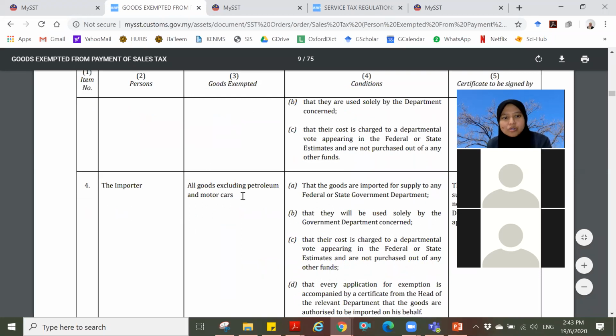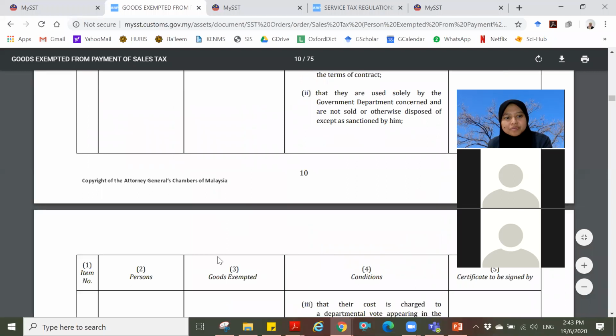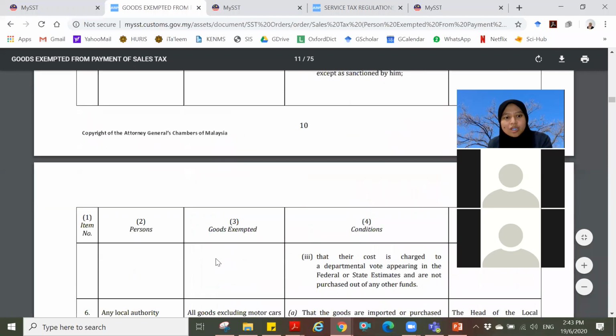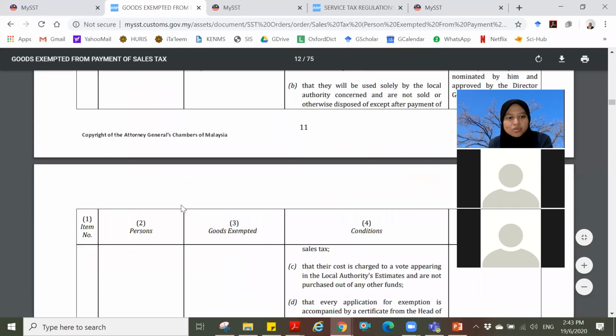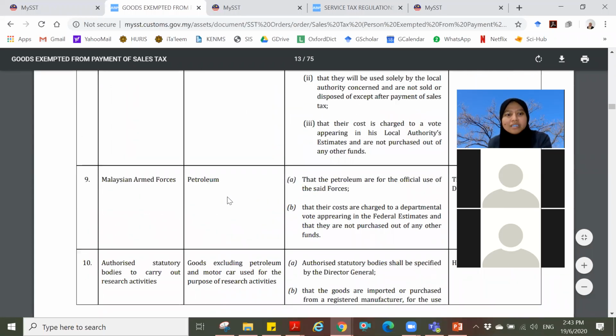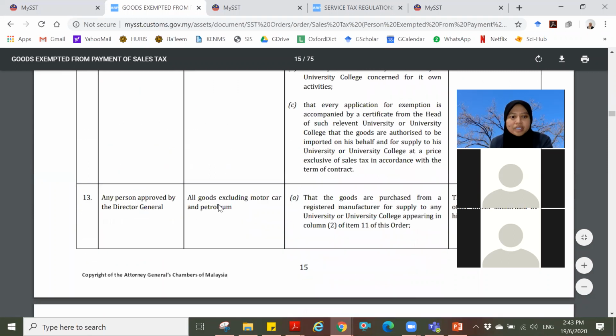Like this one, all goods excluding petroleum and motor cars. Local authority, all goods excluding motor cars and petroleum. So different person, different things that is exempted. Armed forces, petroleum. You can see public higher education institution, all goods excluding motor car and petroleum.